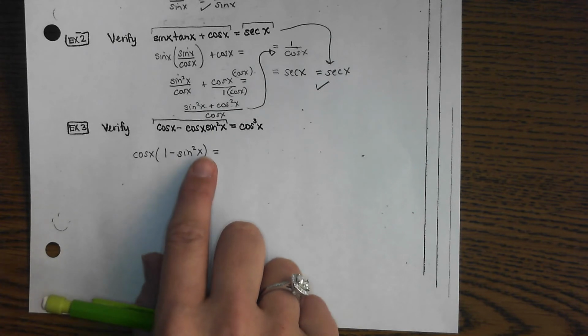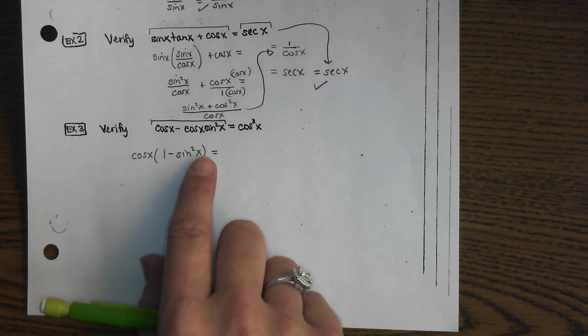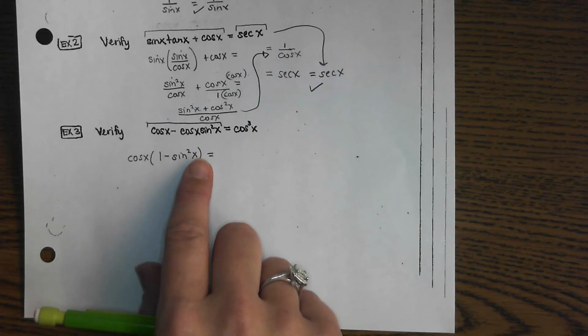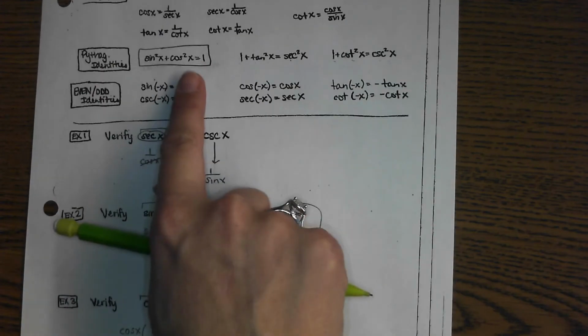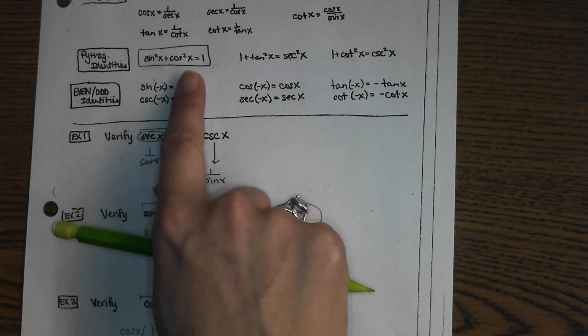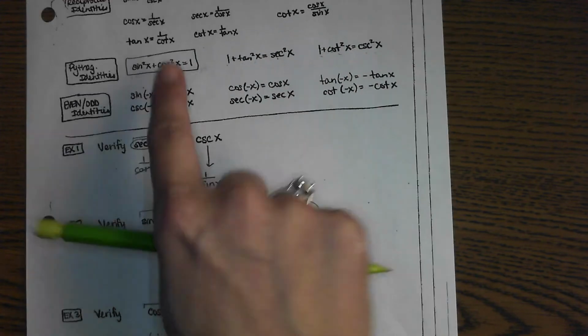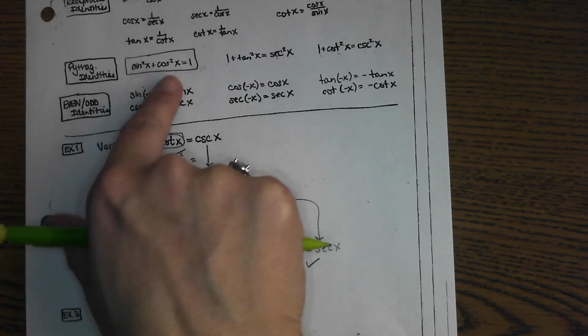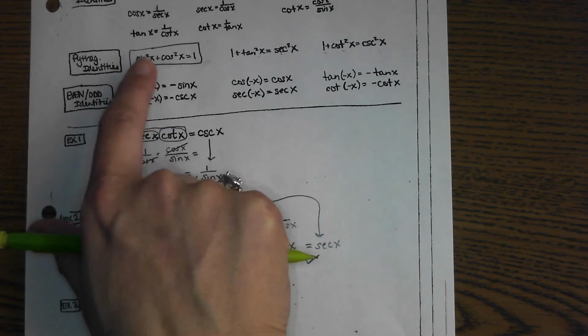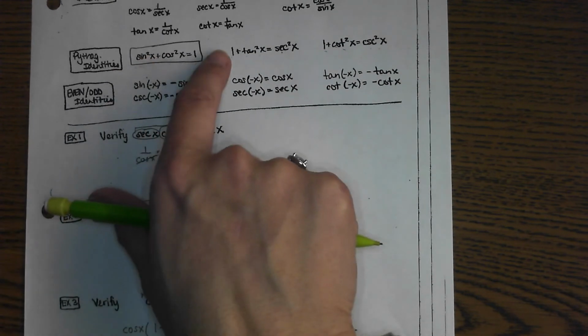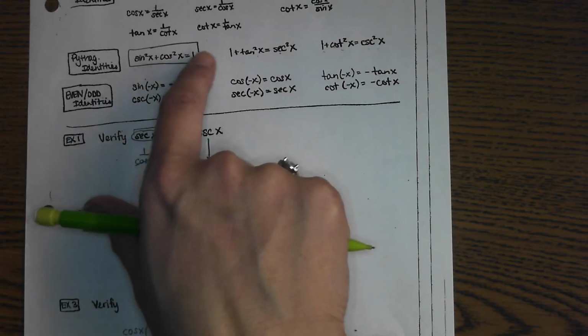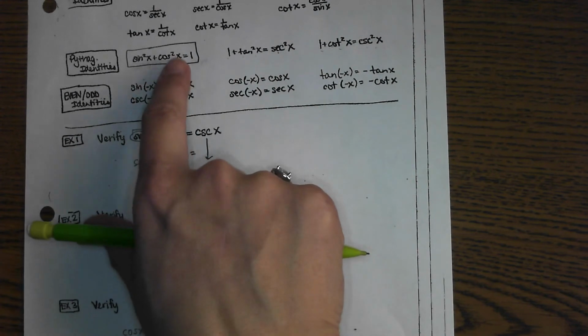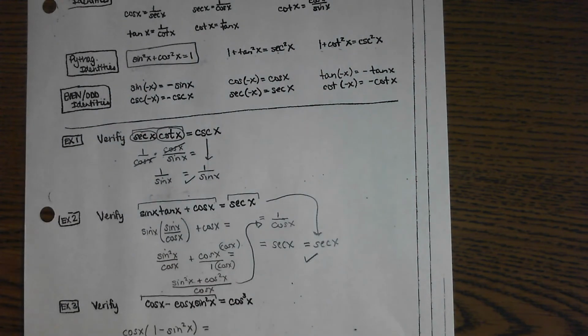1 minus sine squared. If you see sine squareds and cosine squareds paired with 1s, you're almost always going to be pulling your identities into it. So 1 minus sine squared x isn't the exact version of that, but if I subtract a sine squared over from both sides, I will see that cosine squared is equivalent to 1 minus sine squared, yes?